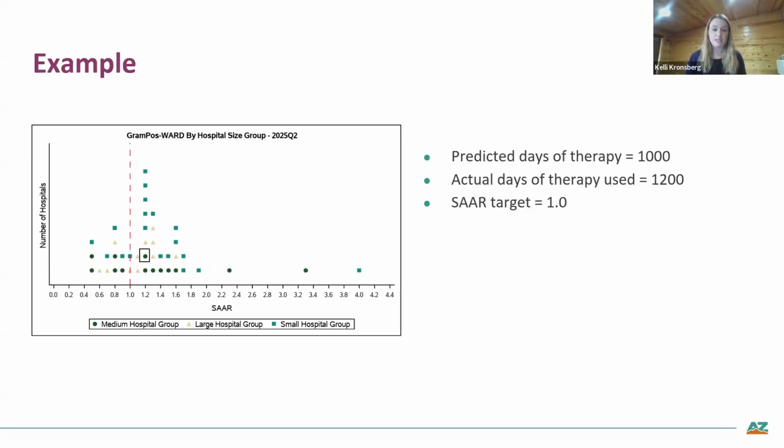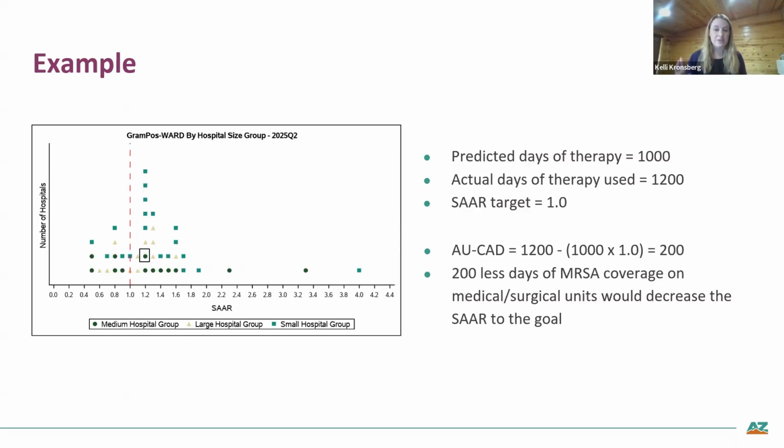So let's say the predicted days of therapy was 1,000 and their actual days of therapy used was 1,200, which gives us the SAR of 1.2, and they'd like to target 1. So even though that math is easy to do, just seeing the predicted and actual with the target being simply 1, you would need to decrease by 200 days to reach your goal.